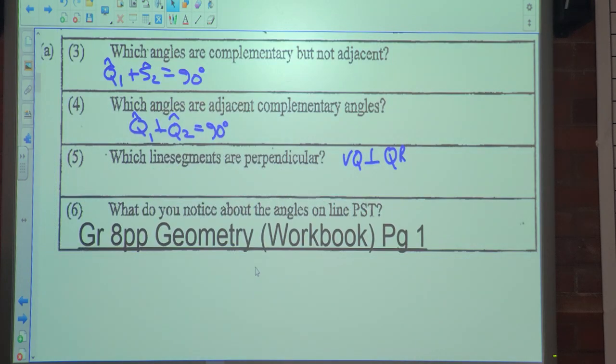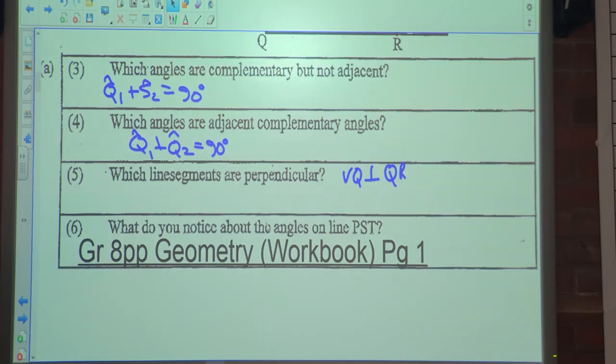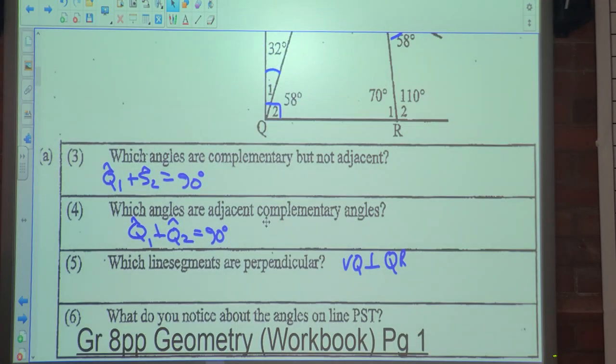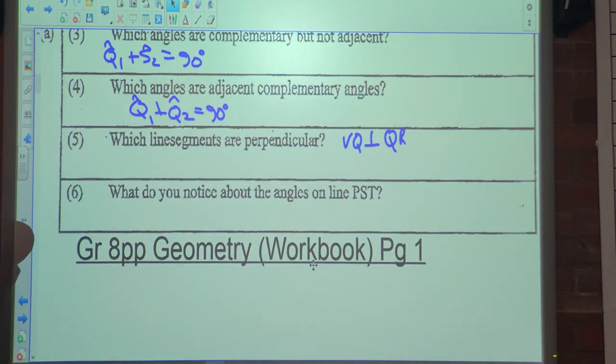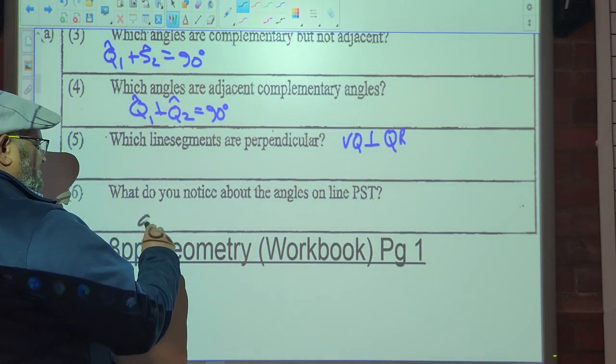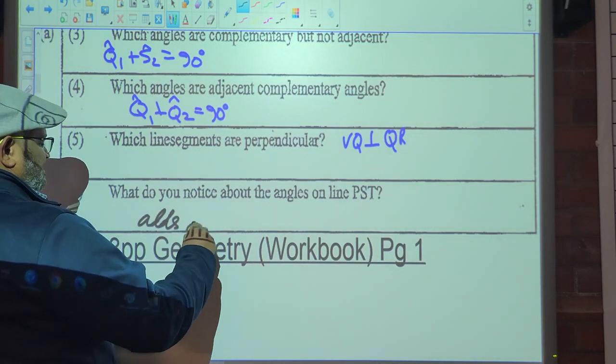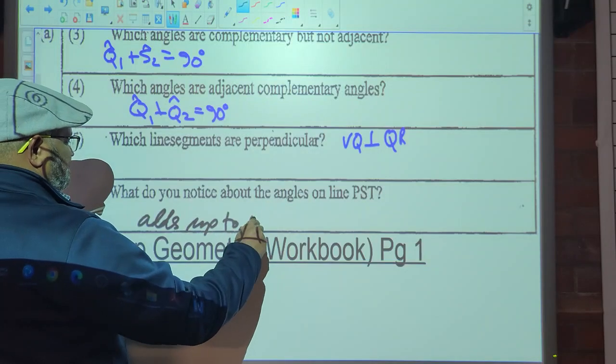What do you notice about the angles on PST? These angles add up to 180 degrees. Can you see that? You can say it's supplementary, or it adds up to 180 degrees.